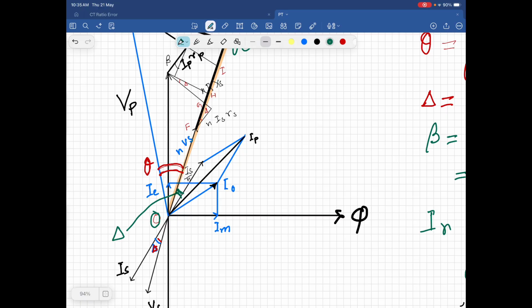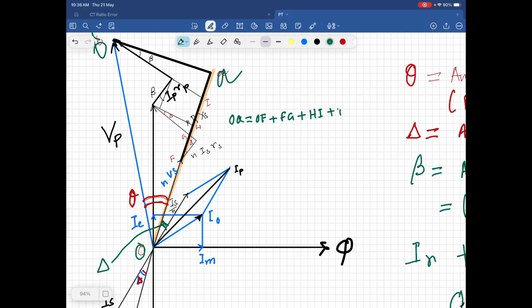OF is equal to nVs. So OA is equal to OF plus FG plus GH plus HI plus IA.